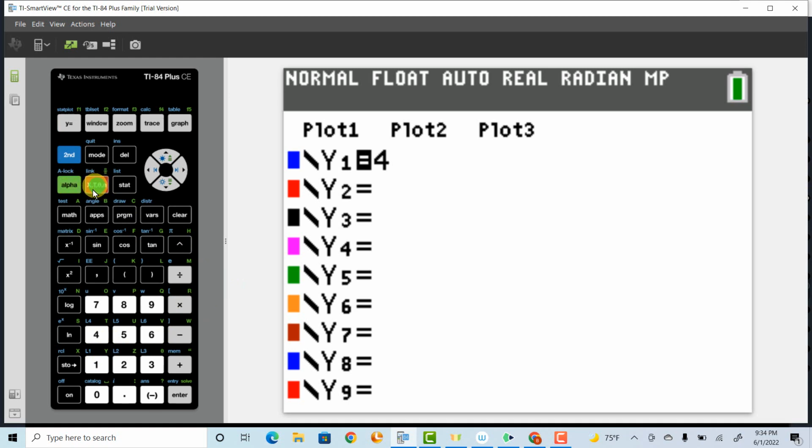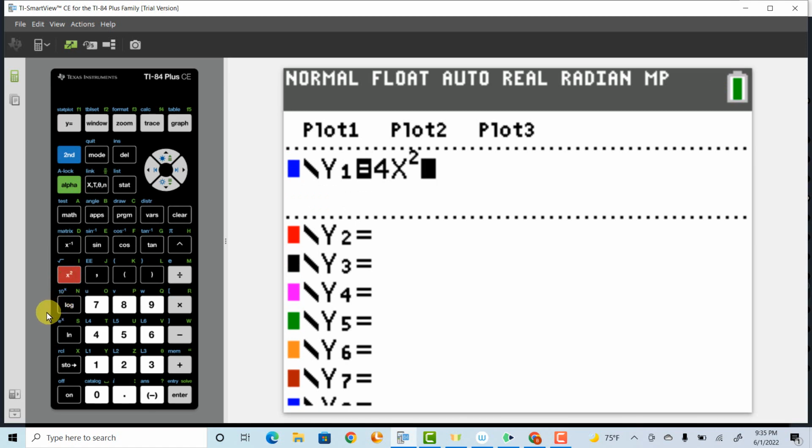So we press x squared. Squared is down here, above and to the left of the number 7. So 4x squared minus 8x plus 3.